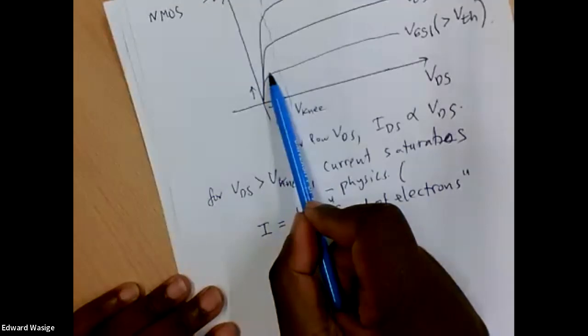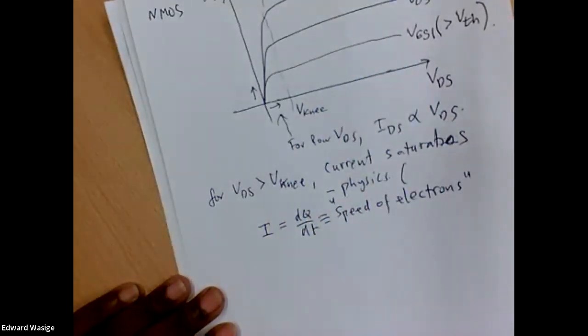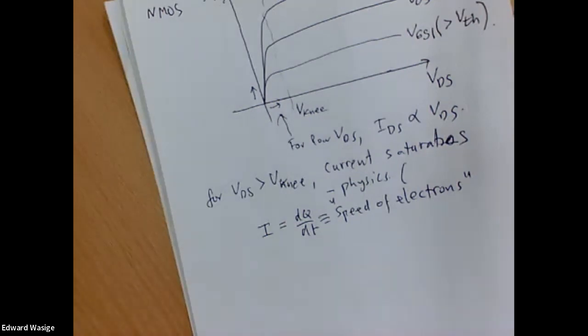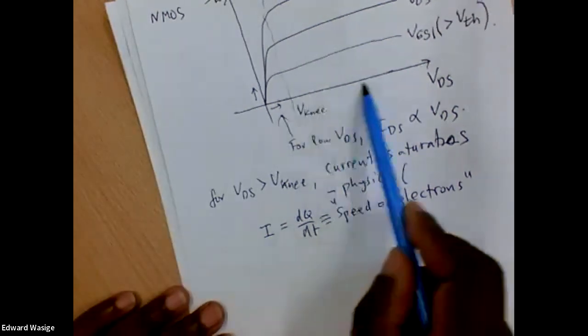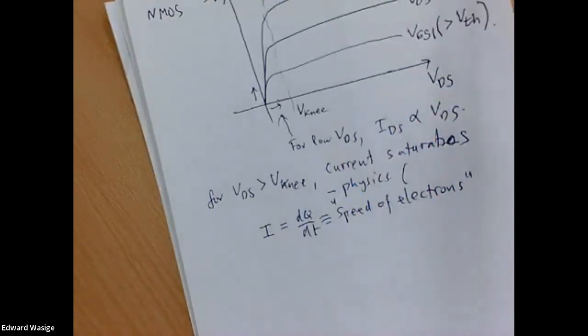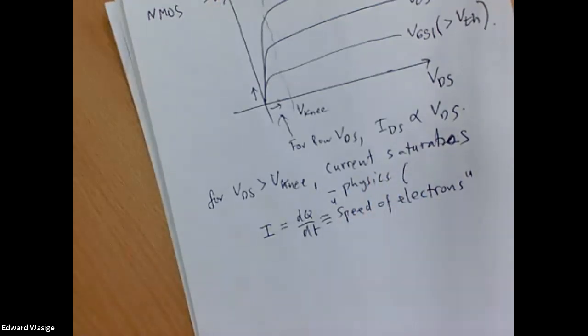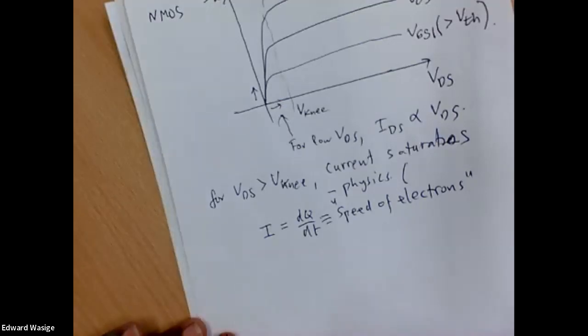At this point the electrons reach their top speed, and even though you continue to apply the voltage, they can't run faster. It's like running 100 meters: you can put in more effort, but there's a top speed that each one of us can go. So the reason why it flattens out is because of the physics.